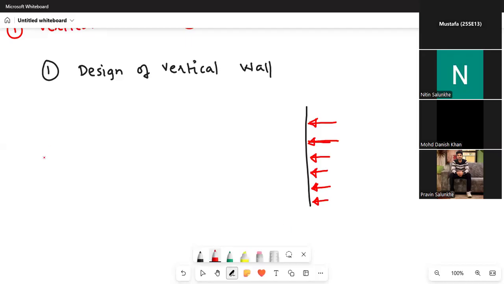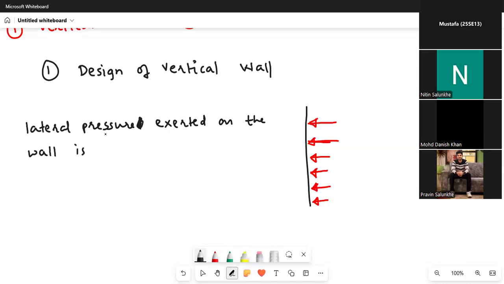So the lateral pressure exerted on the wall is given by Rankine's formula. Rankine's formula, I think you have studied in the strength of materials.